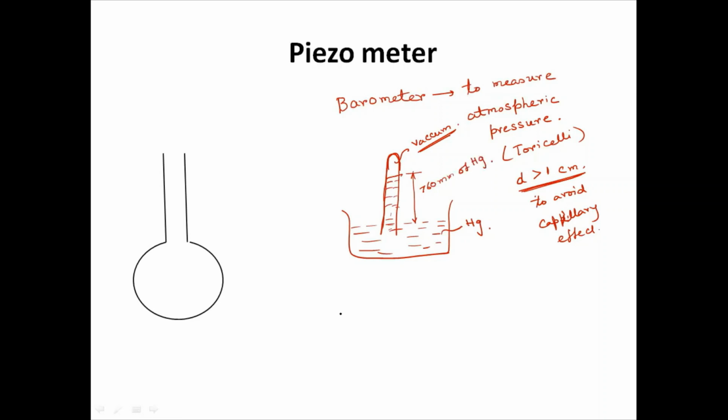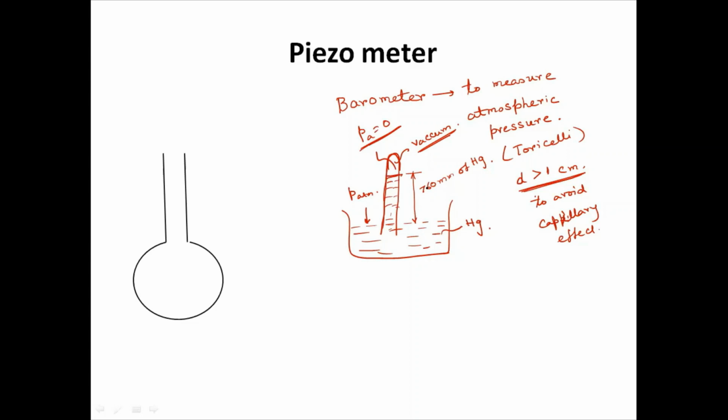What is that? That is nothing but the absolute pressure, because here whatever the pressure is acting is the atmospheric pressure. Here it is the pure vacuum. Pure vacuum means absolute pressure is 0. So no pressure in this part.